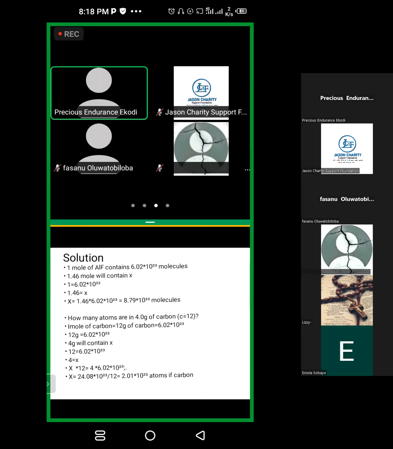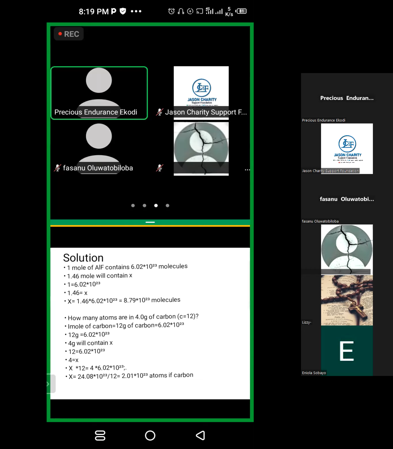So it's that simple. You always have at the back of your mind that 1 mole of a substance, no matter what the substance is, will be equal to 6.02 times 10 raised to 23, and then bring in the value you are looking for, in this case 1.46. It will contain X, what you will get.